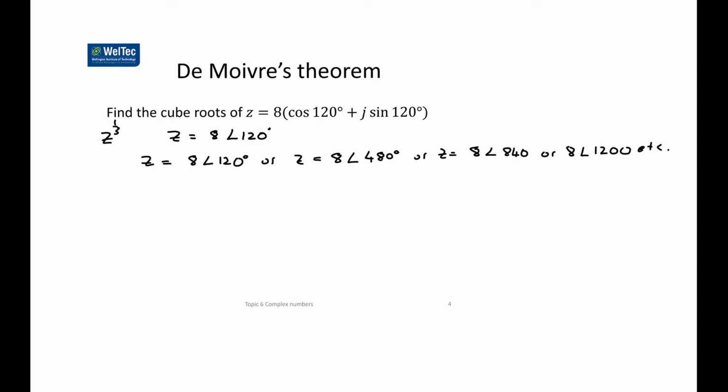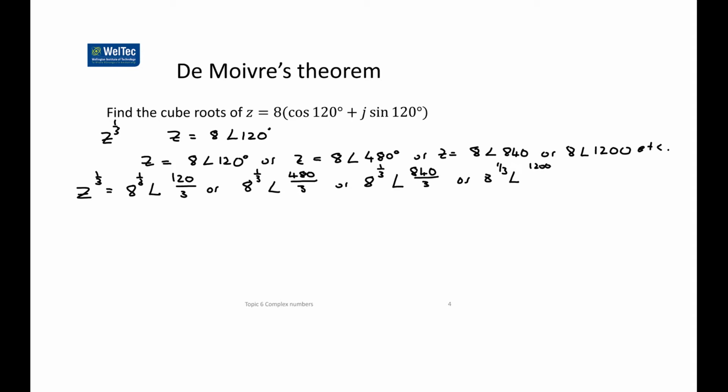Let's take now, using the rule, the cube root. So it's going to be the cube root of 8 angle 120 over 3, or 8 to the power of a third angle 480 over 3, or 8 to the third angle 840 over 3, or 8 to the third angle 1200 over 3.